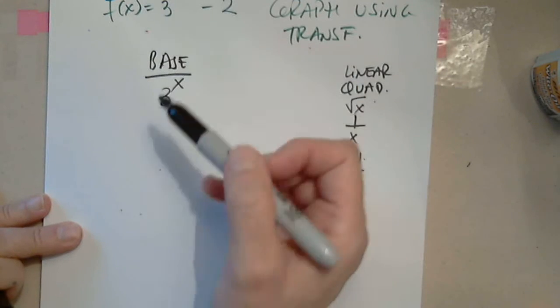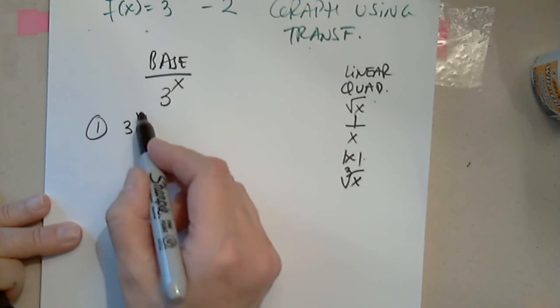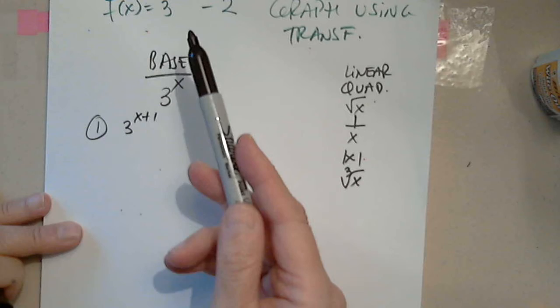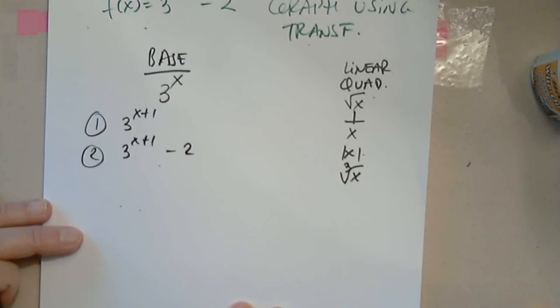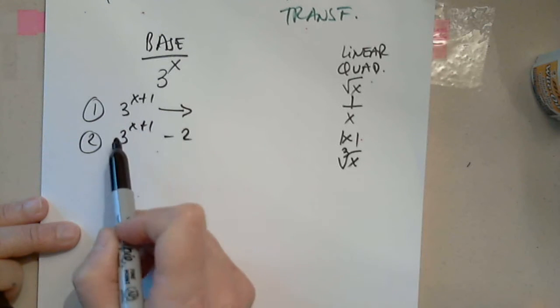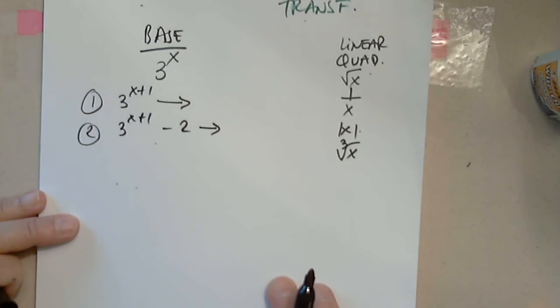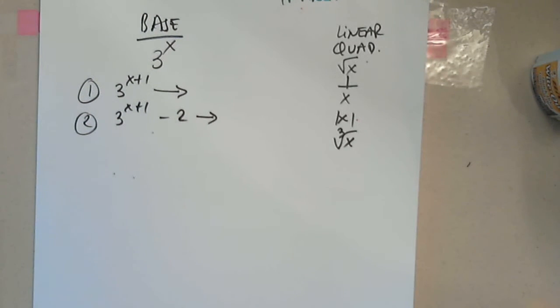That's the base function. Then we have to decompose it first into 3 to the x plus 1, and the second transformation is this. Can anyone tell us what transformation is this and what transformation is that? And then we are ready to graph it.